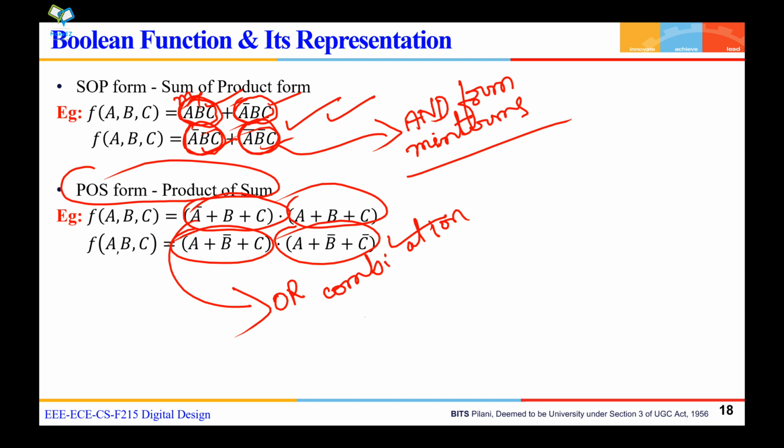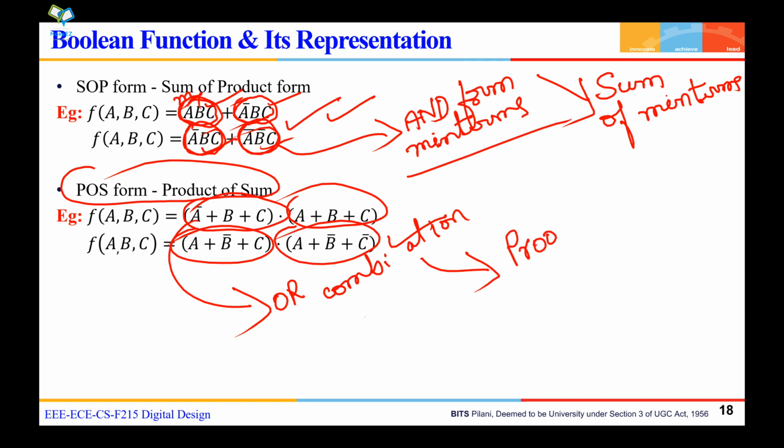That means when you represent a Boolean function in SOP form, it is a sum of minterms. In the product of sum method, it is a product of max terms.